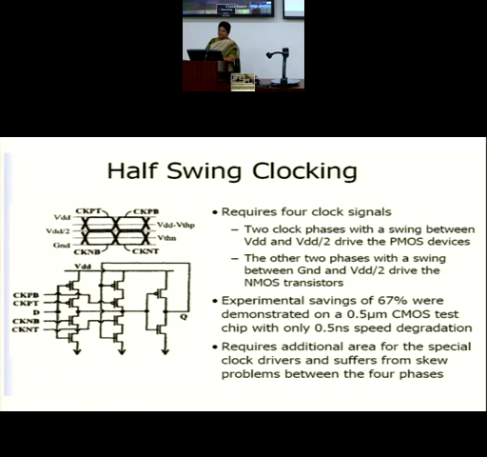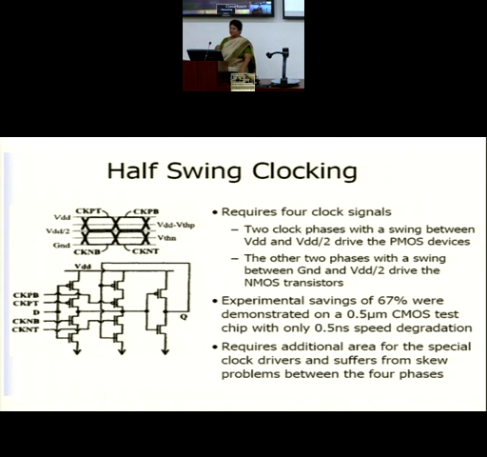So what do you expect when you are giving a clock NT over here and a clock NB over here? Which one will be on, which one will be off? NT is here and NB is here. When NT is on, NB is off.